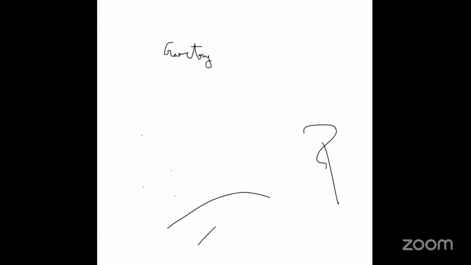Let me know in chat if everyone can see the whiteboard. Yes or no in chat, please. Great. So people can see the whiteboard. While we still have access on, please don't type anything on the whiteboard. If you have any questions, you can type in chat or ask me directly.